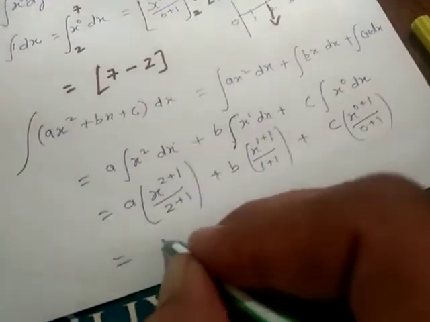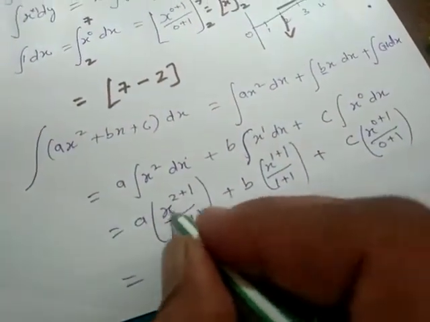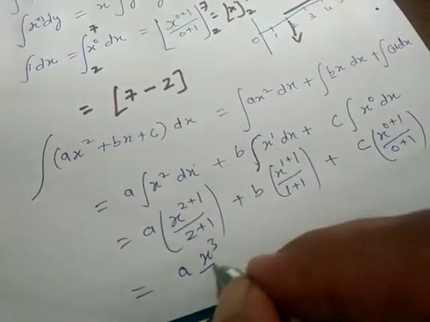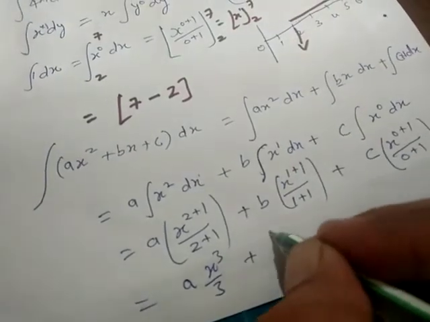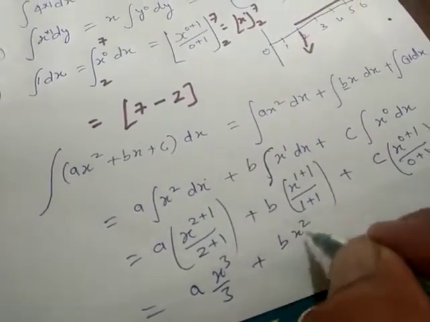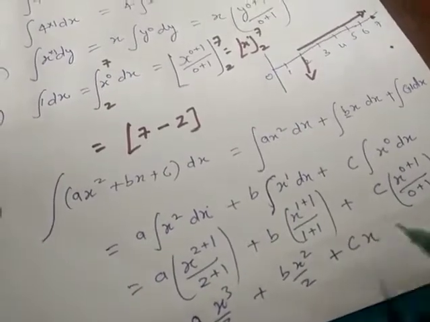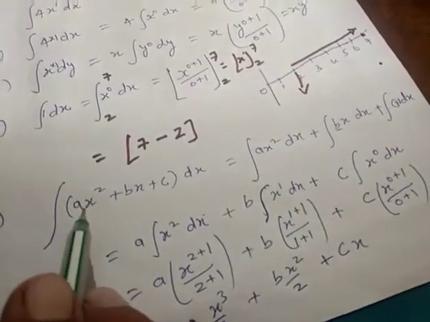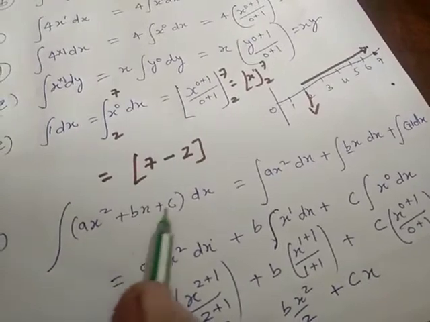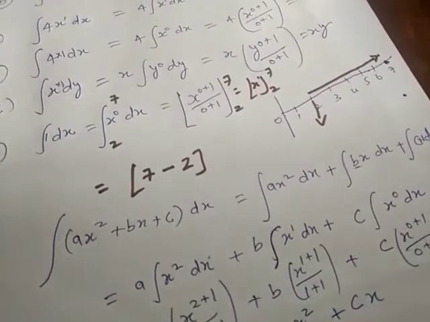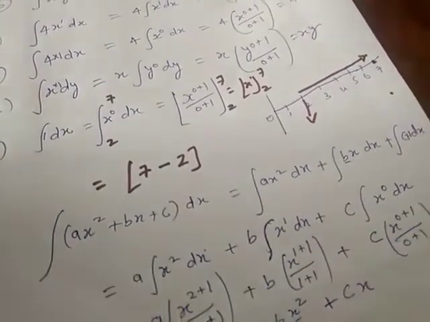So this becomes a, x to power 3 by 3, plus b, x square by 2, plus c x. This is the integration of ax square plus bx plus c with respect to dx.